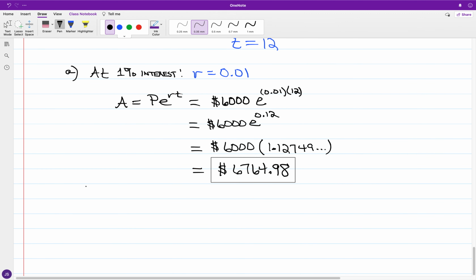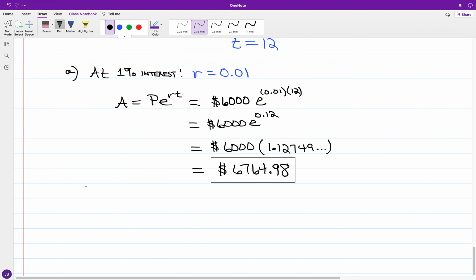And so if I go out to 2% interest, r is going to be 0.02. And for the future value, same formula.